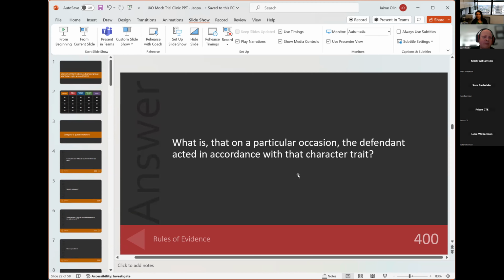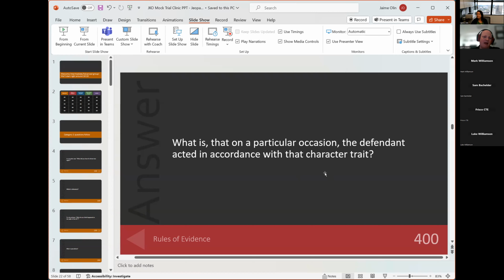But the bottom line principle with this is past action. Generally, we're not trying to use past action to prove what happened, but as Jamie alluded to, you can use it to establish minor points, like they have a propensity for this.